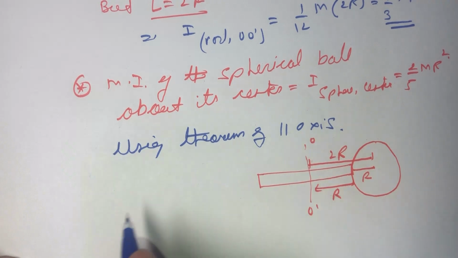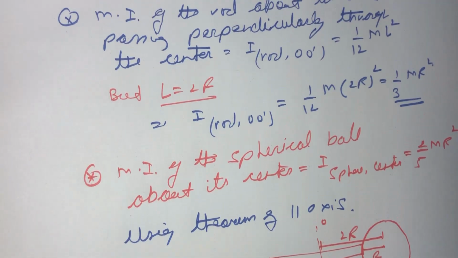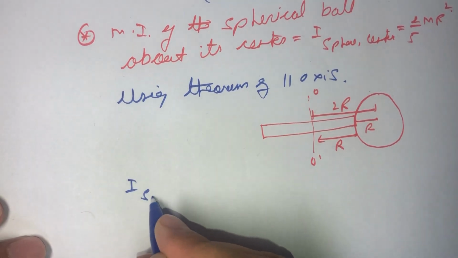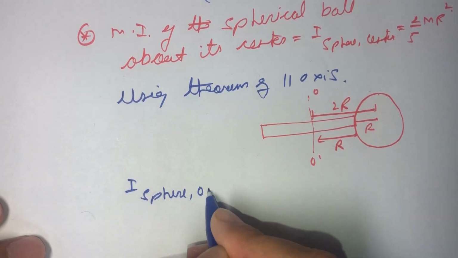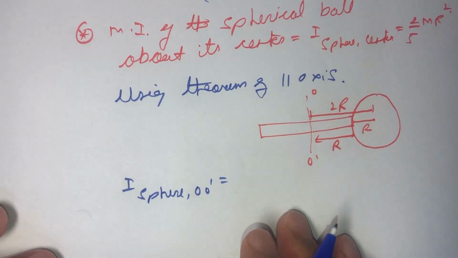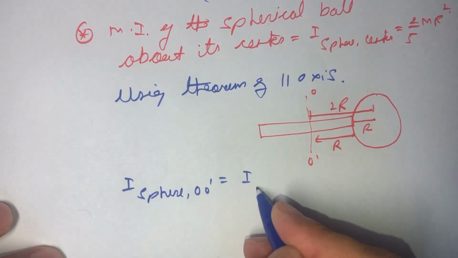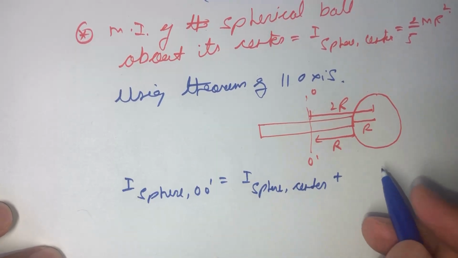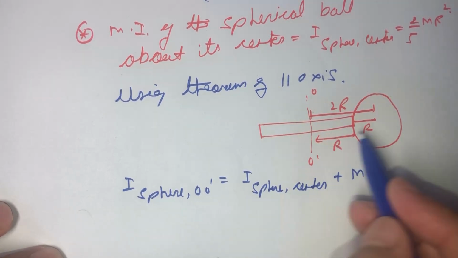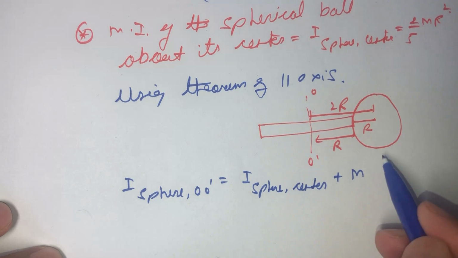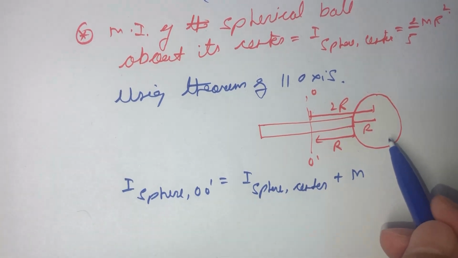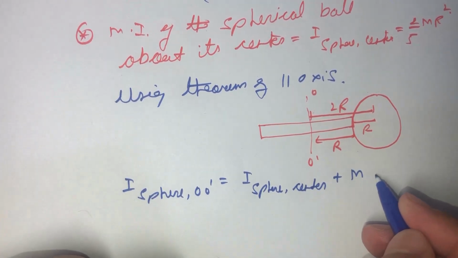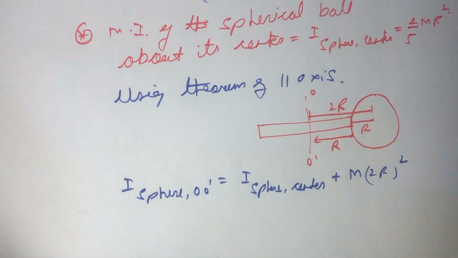According to the parallel axis theorem, we can write that moment of inertia of the sphere with respect to the axis OO prime will be equal to moment of inertia of the sphere with respect to center plus mass and distance between the OO prime and the axis of this sphere, and that distance is given as 2r whole square.